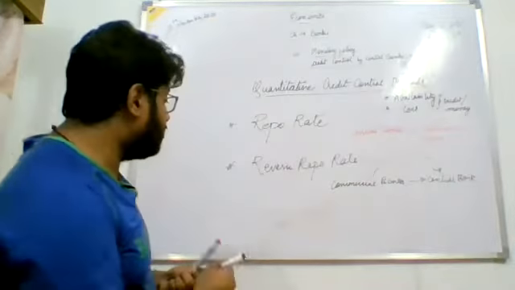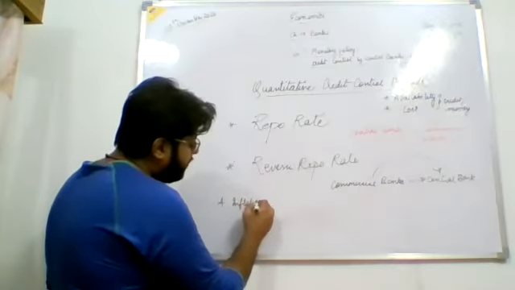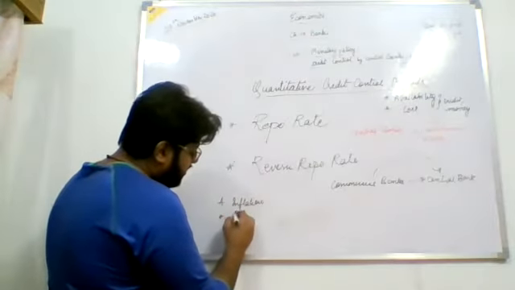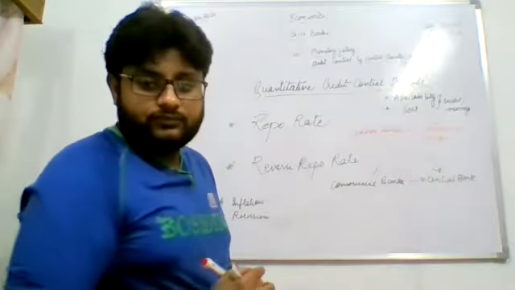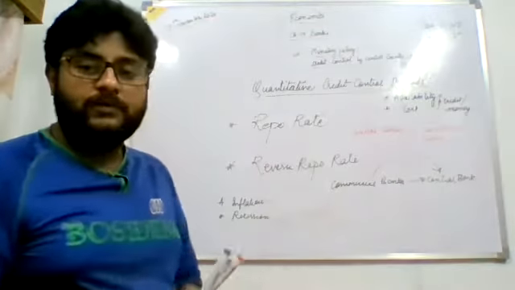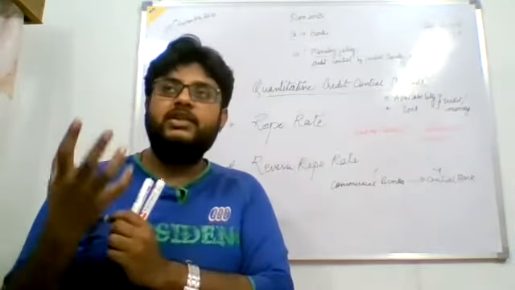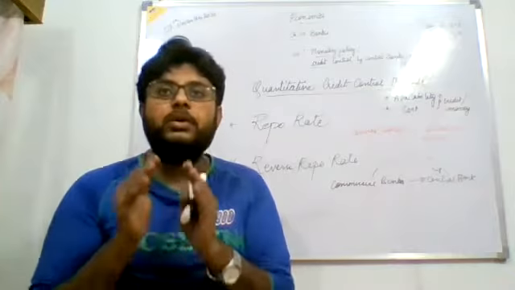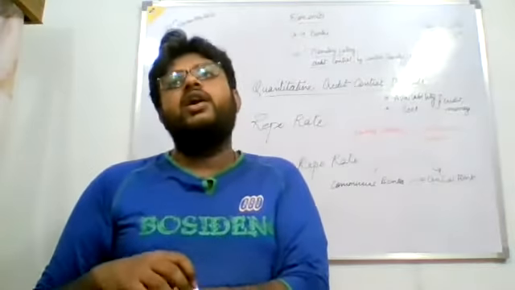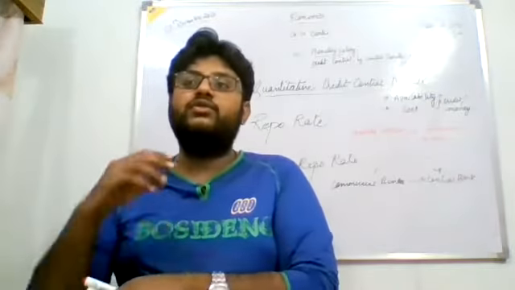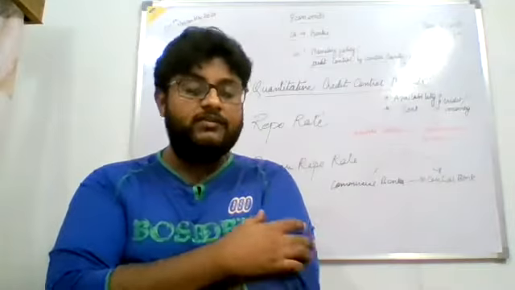So how can the conditions of inflation and recession be tackled with the help of the reverse repo rate? If we talk about inflation, see, in inflation the objective of the government, of the central bank, is that people should have the least money. That means people's pockets should be light, people's purchasing power should be low, so that they spend less and the inflationary pressure in the economy decreases. This is the objective in inflation.